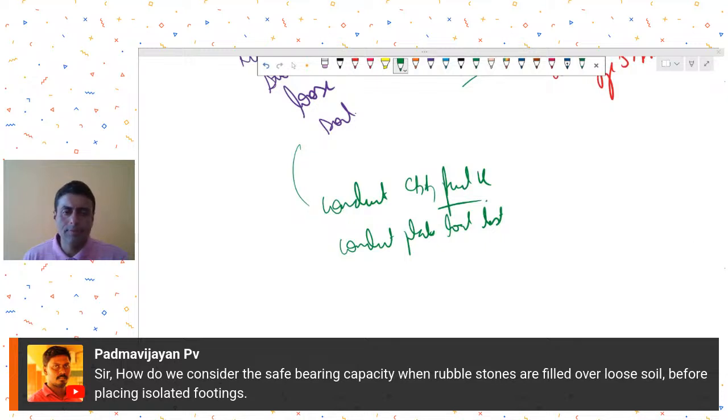But I would strongly recommend doing some geotechnical testing at that strata, especially if you are going to put a footing which is a crucial footing of your structure. I would suggest assessing the bearing capacity by doing some actual test. So either do a plate load test or conduct CBR and try to assess it.